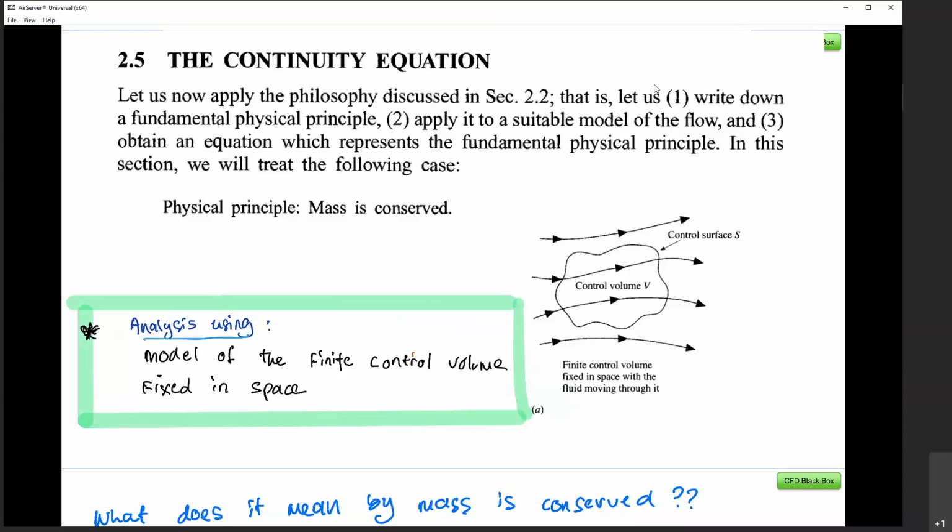Remember the four models that we looked at before? We are going to use the first model, where we have a control volume that is fixed in space, and the fluid is passing through the control volume.